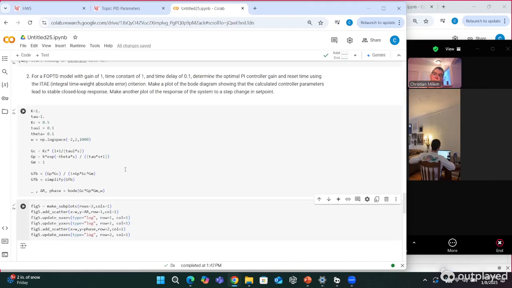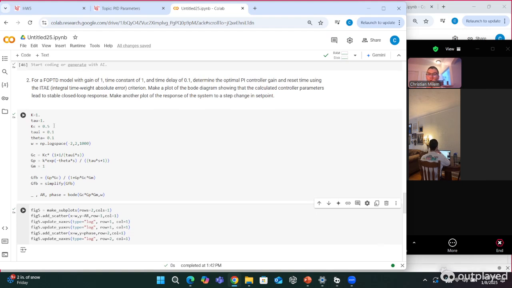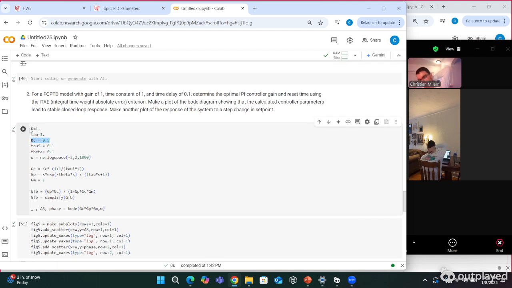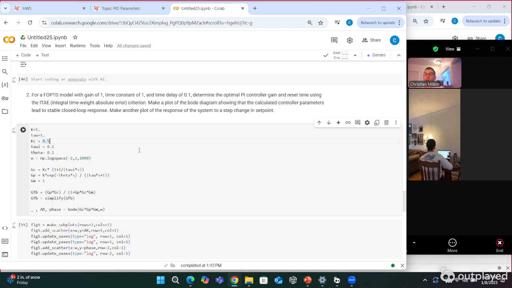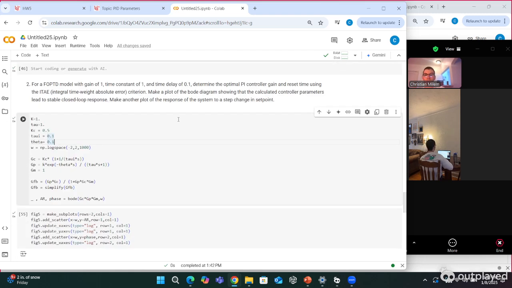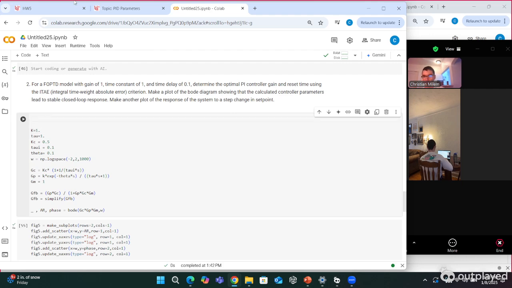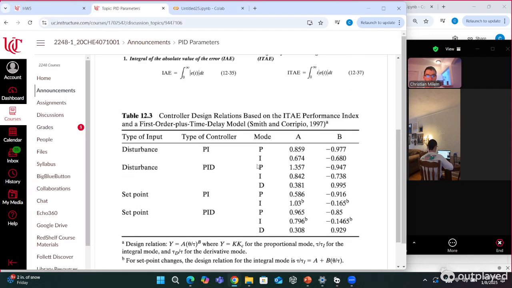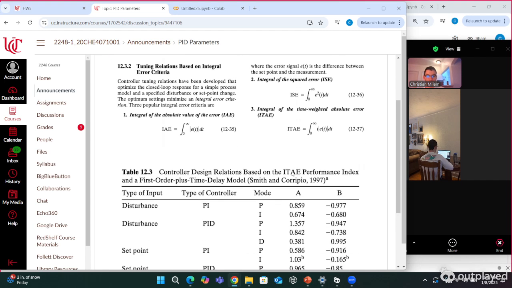So we're going to try to figure out a value for reset time. And then also, I think Kc, that gives us the most optimal controller gain. So again, that's determined from this.